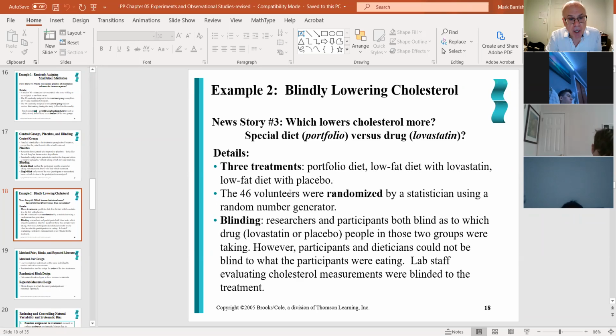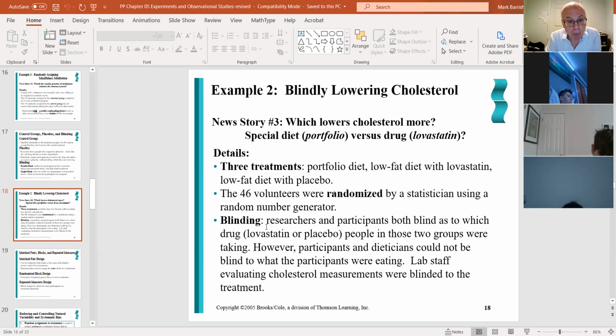And the third case is a low-fat diet with a placebo. The 46 volunteers were randomly assigned one of these three treatments using a random number generator in a computer. Everybody got a number from 1 to 46, and then the computer selected people to be in one of these three groups by randomly selecting numbers from 1 to 46.